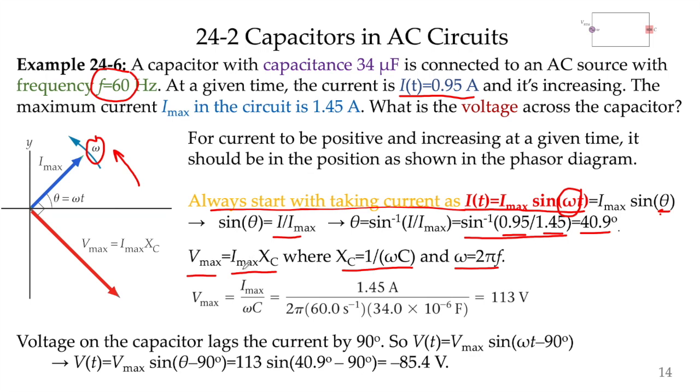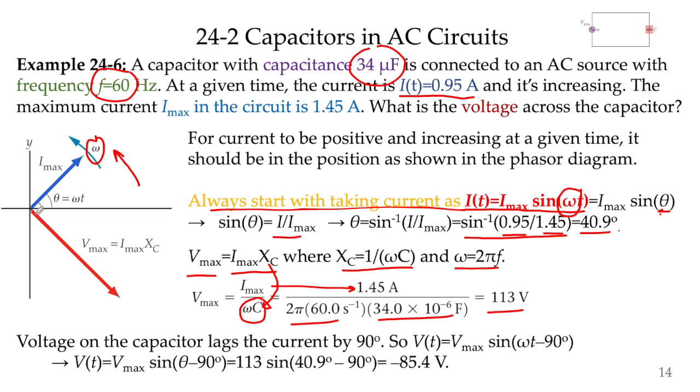So I max times the reactance, 1 over omega times C. Omega is 2 pi times the frequency, which is 60, and the capacitor is 35 microfarad. I have to convert it to farad, so micro means 10 to the negative 6. If you make the calculation, you will find the maximum voltage is 113 volts.